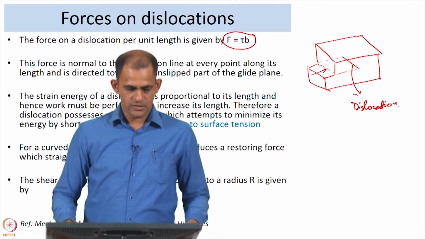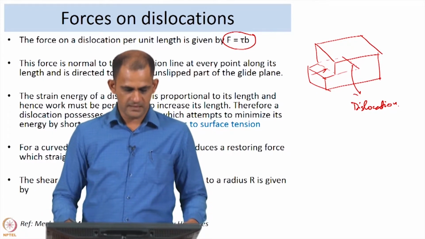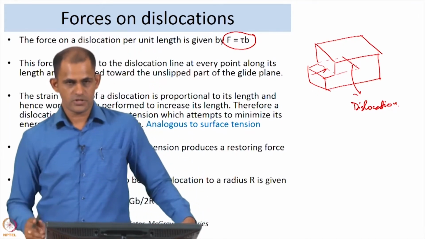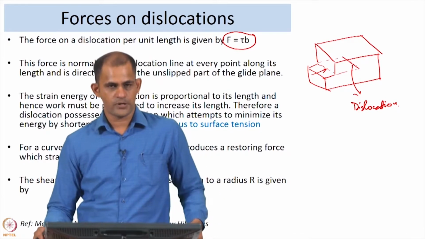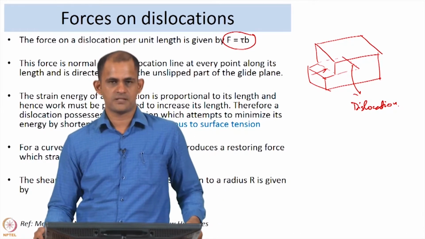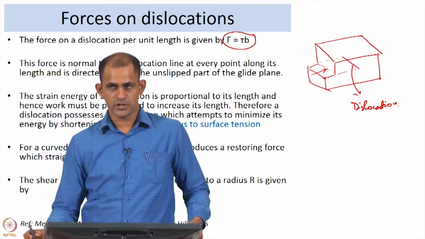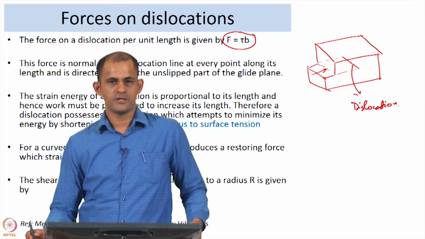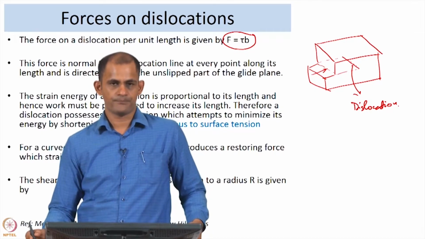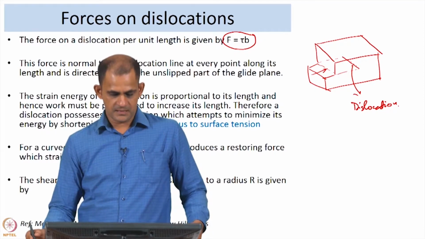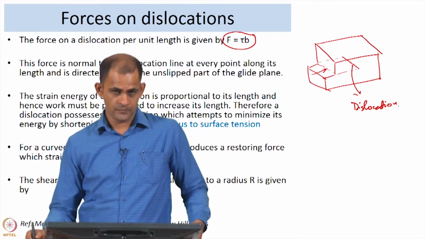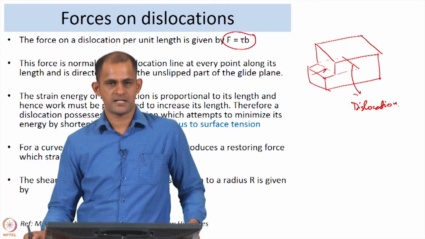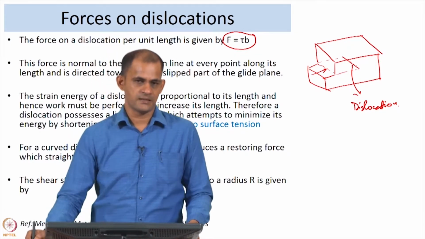Now, the strain energy of a dislocation is proportional to its length, and hence work must be performed to increase its length. So, we talked about strain energy of a dislocation, and an important point is that the strain energy of the dislocation is proportional to its length, which means a dislocation possesses a line tension which attempts to minimize its energy by shortening its length.